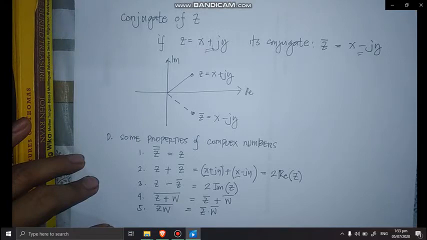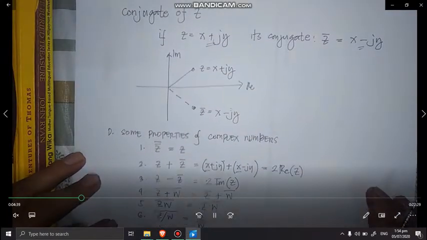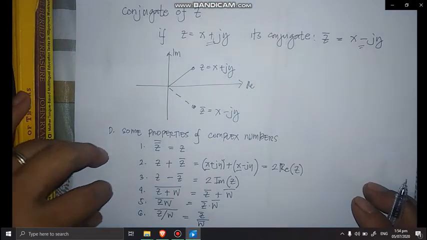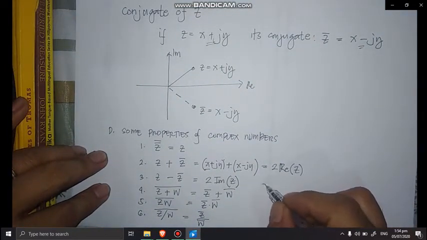That is z conjugate times w conjugate. The same is true if we take the conjugate of the quotient. So the conjugate of the quotient is the same as the quotient of the conjugates of the two complex numbers. That is z conjugate over w conjugate.